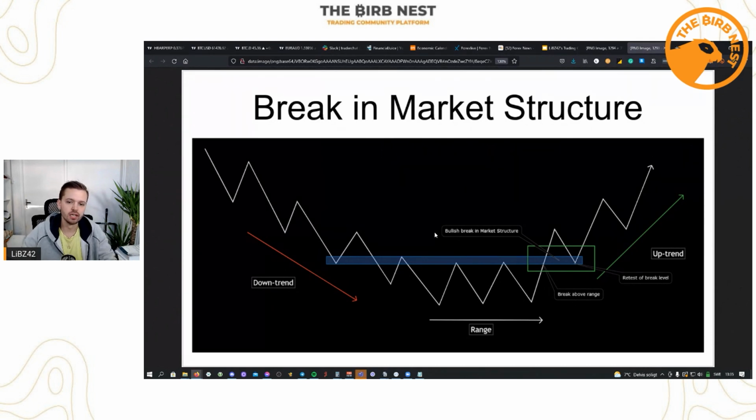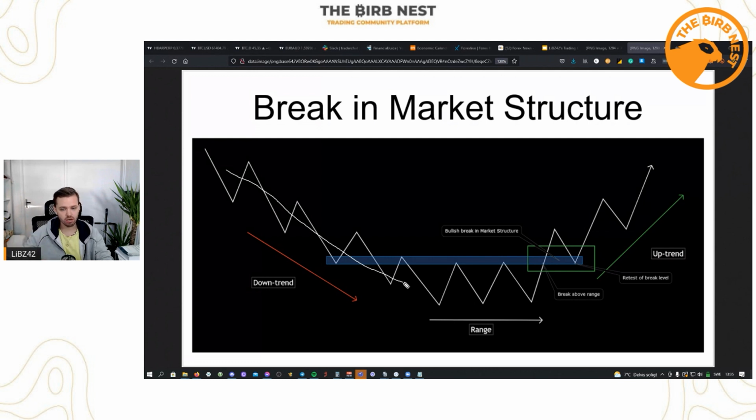What I want to be focusing on today is the breaks in market structure, and I'm going to be focusing on the bullish breaks in market structure, right? So obviously, when looking at shorting opportunities, it would be a bearish break in market structure. So a bullish break in market structure is basically when you have a downtrend, and when that downtrend breaks and you see signs of an uptrend, that is then a bullish break in market structure.